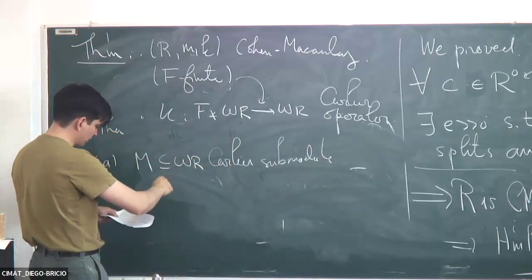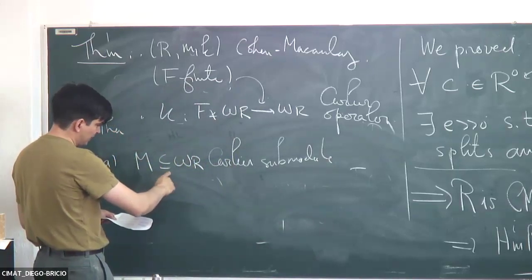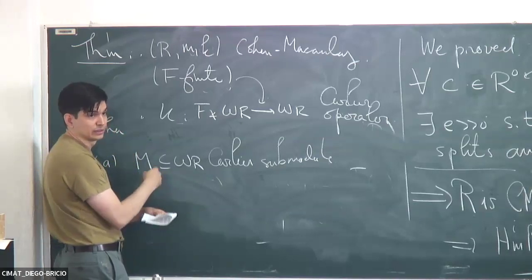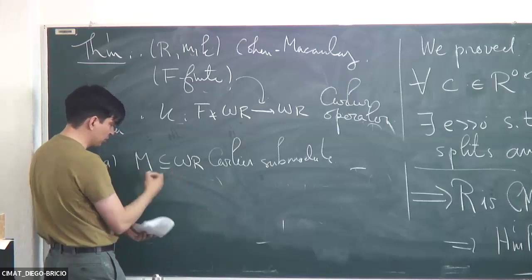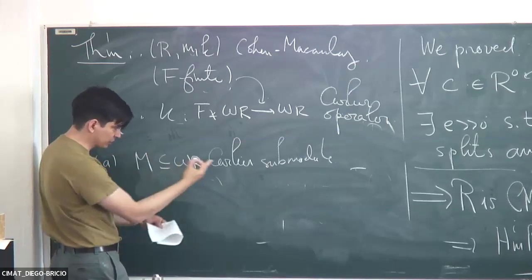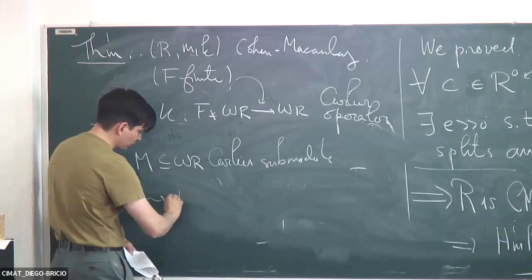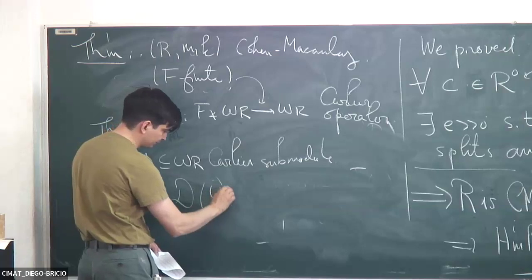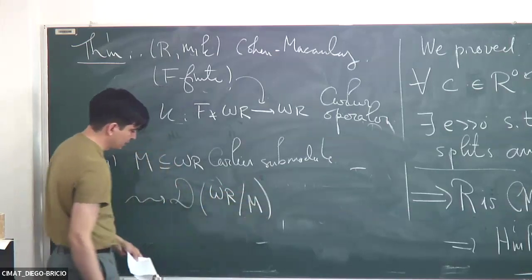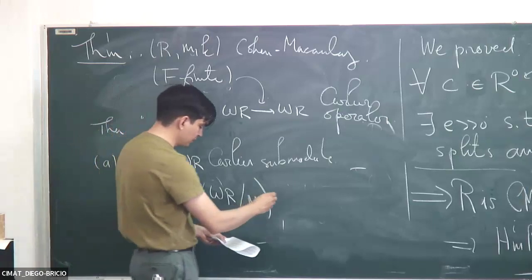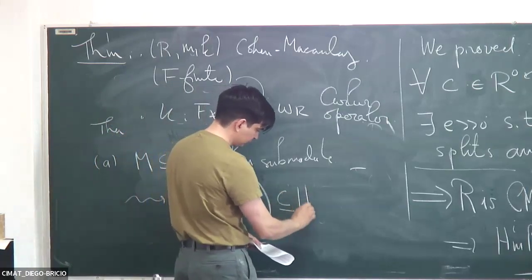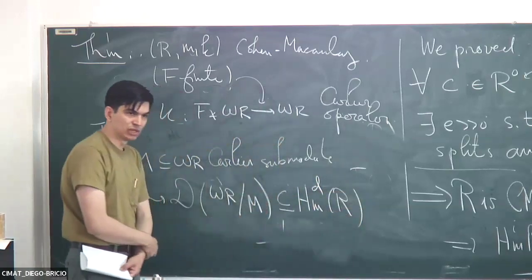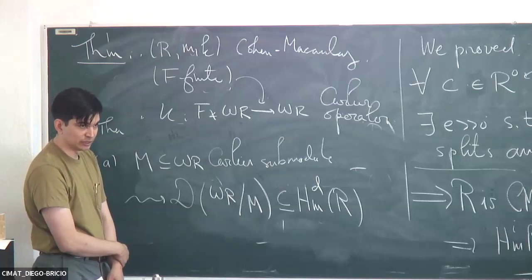Okay, so what can you do out of it? You know that the quotient of this is a Cartier module, right? Cartier modules are an abelian category, so all the quotients in these basic operations respect the structure. So you can take the matrix dual, right, of omega R mod M. And where does this live? This is going to be a submodule of the top local cohomology of R. Well, what type of submodule is this by matrix duality?